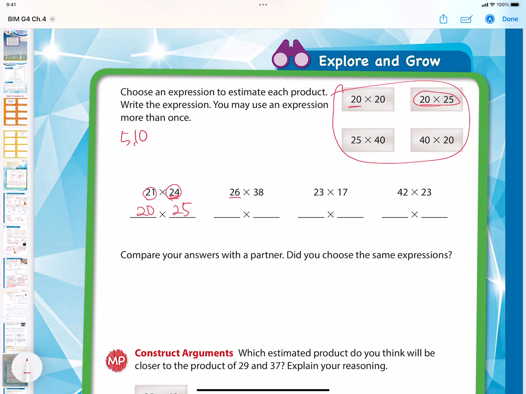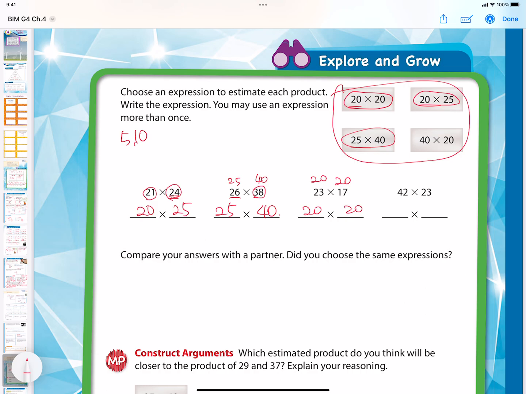And 26 is close to 25, and 38 is close to what? 40. Now 23 times 17. 23 is close to 20, and 17 is close to 20. So the first one, 20 times 20.